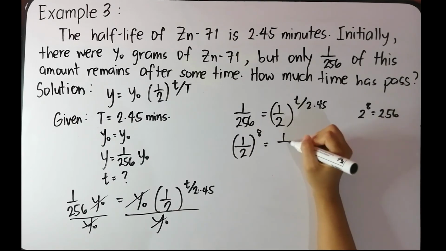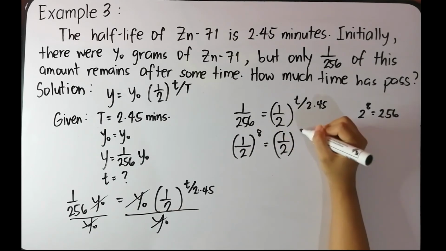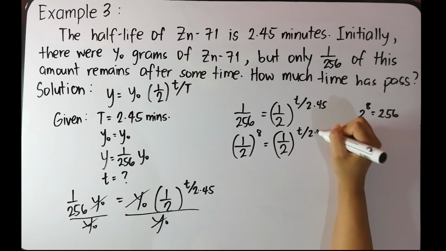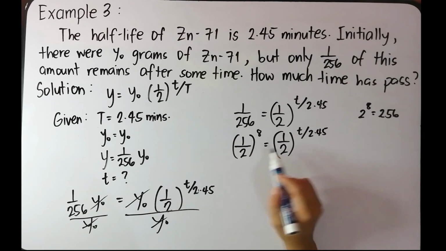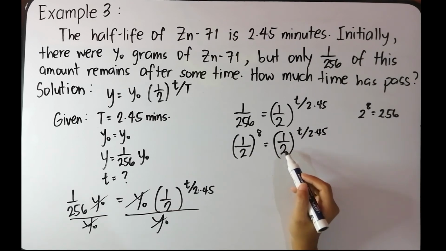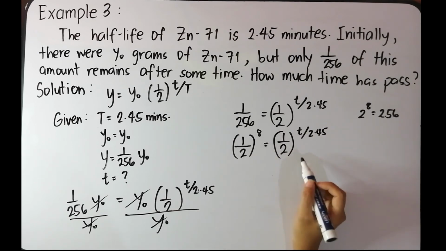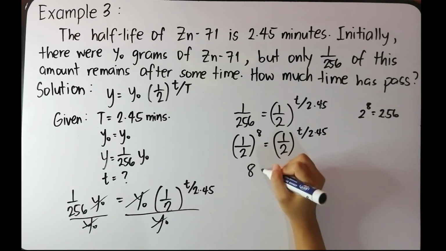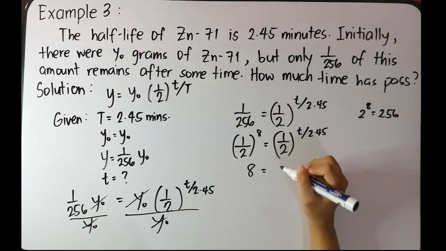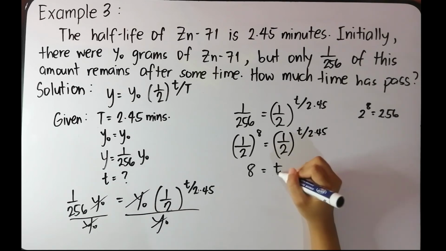Then we have equals 1 over 2 to the t over 2.45. So since we now have equal bases on both sides of the equation, we can now get the exponents and equate them. So we have 8 equals t divided by 2.45.